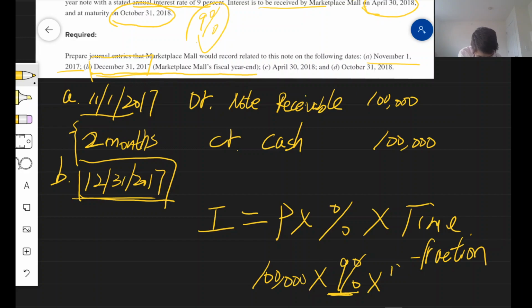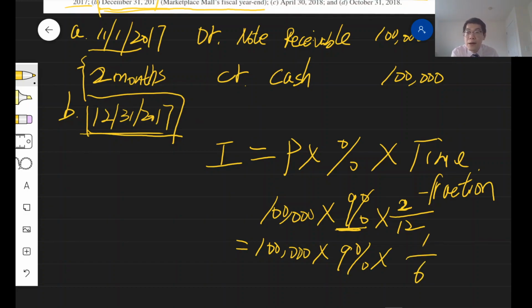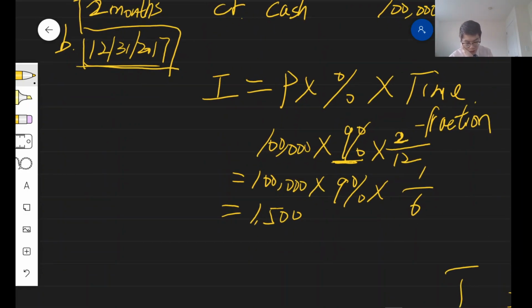That will be 2 months over 12 months, and then it will be $100,000 times 9% times 1/6, right? So that is $1,500. All right, so now we can make this journal entry for that date.